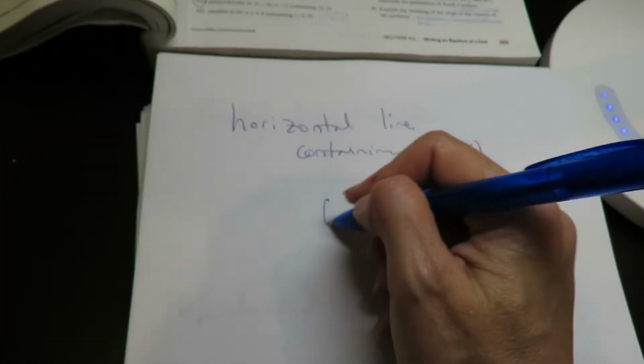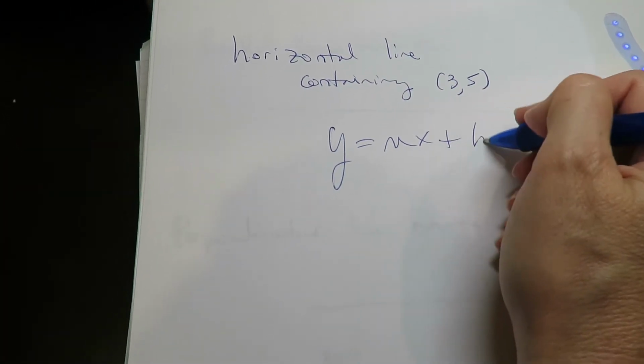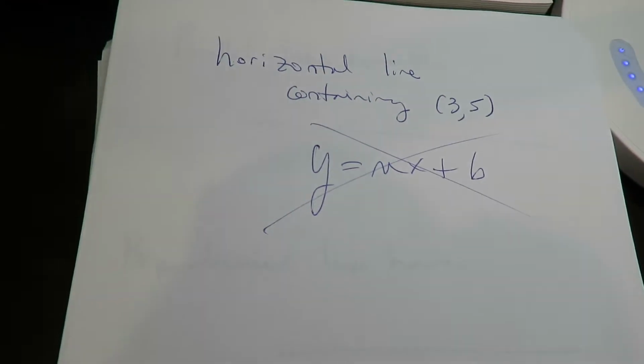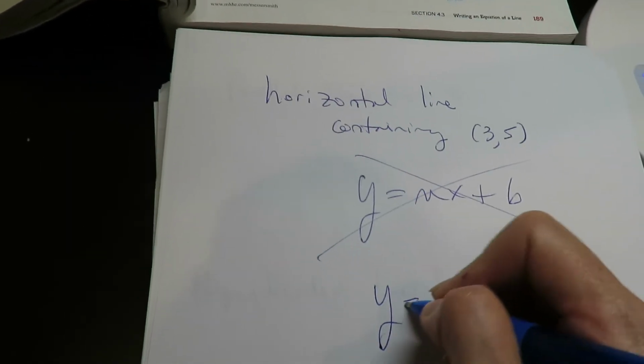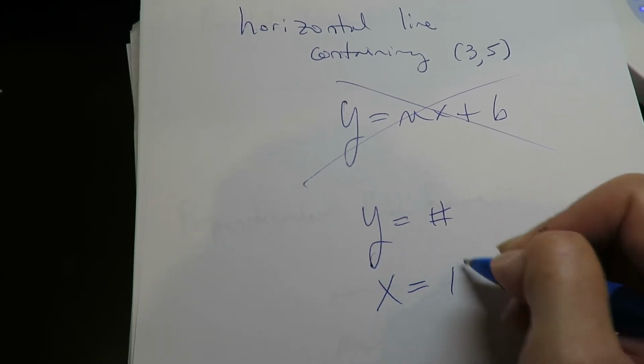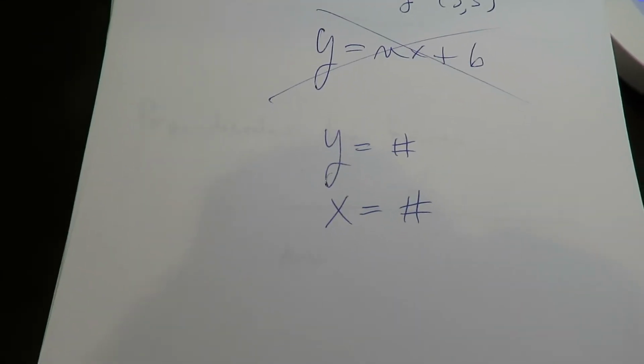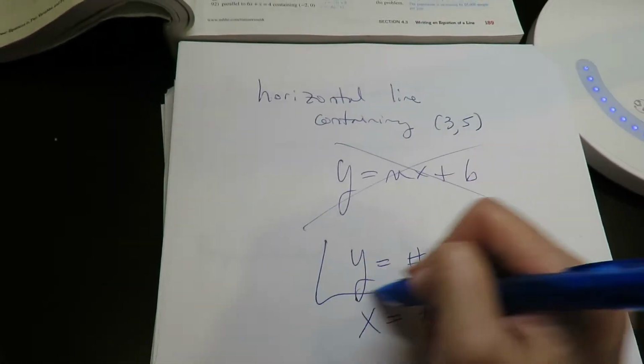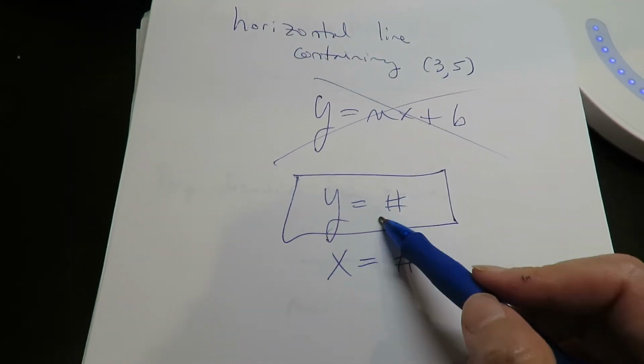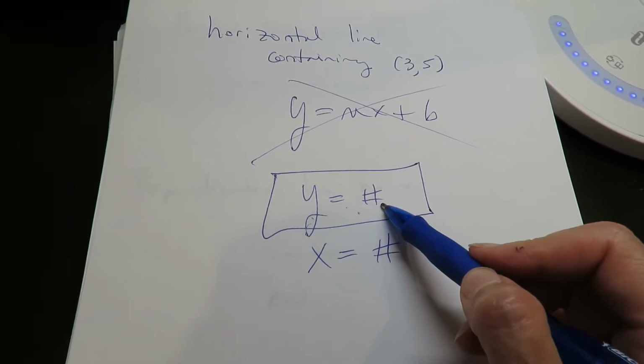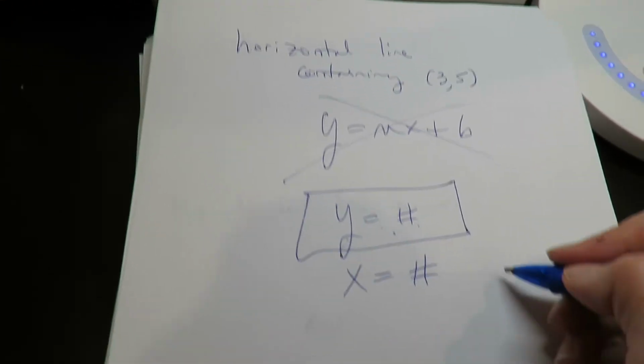Okay, this one, horizontal line containing 3, 5. For a horizontal line, you do not use this equation. You have to think about the other equations I gave you. A horizontal line's a real specific one. Do you remember which one it is? Good, I hope you remember that it's this one. So for the horizontal line, it's y equals the y value.